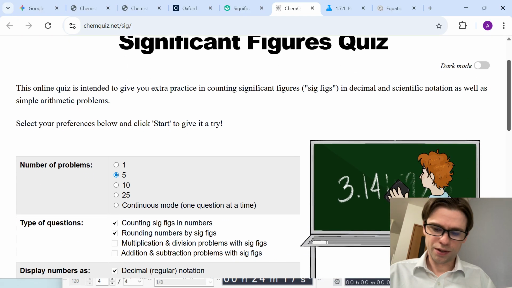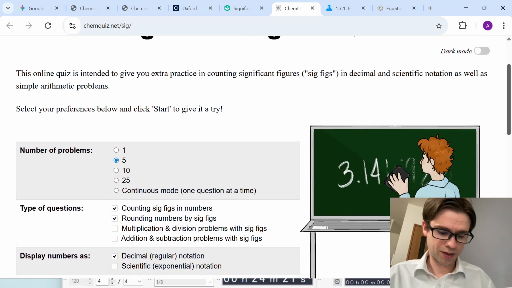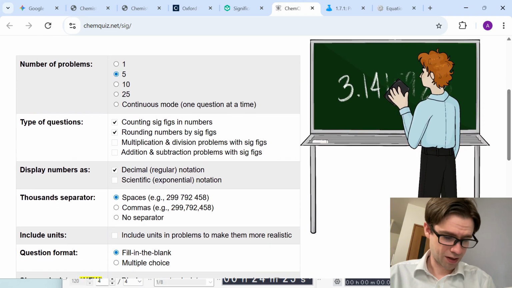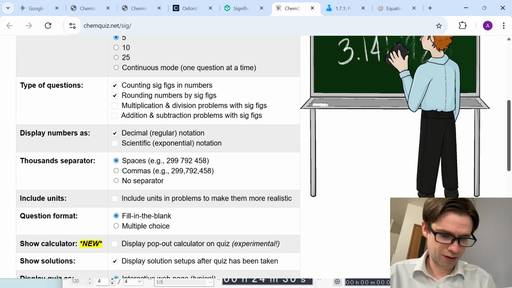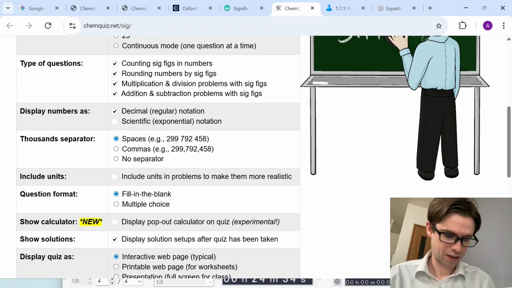I like this website for several different topics, but let's try significant figures. We'll do 5 problems. We'll do sig figs with rounding, multiplication, division, decimal and scientific notation.